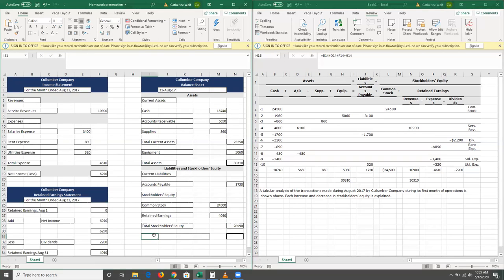Then the very last, we just add up the total liabilities and the stockholders' equity. And that's going to end up being $30,310. And we know that we did it right because these equal each other.